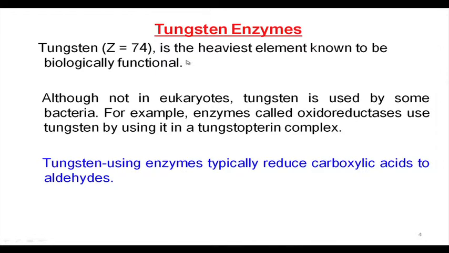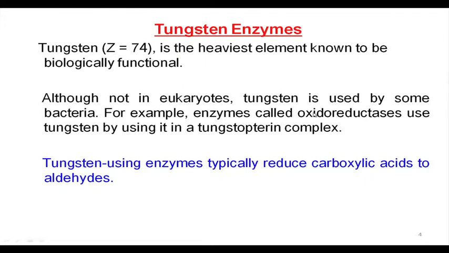But interestingly, having a Z value of 74, which is quite heavy, it shows some biological function, but it is not available in different eukaryotes, it is only available in bacteria. And if we know these biological systems, then we can expect someday or other the corresponding biological activity can be available with the eukaryotes as well.